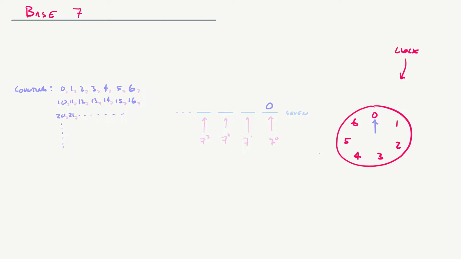So 0, right, where both hands are on 0. The next one is 0 and then 1. So 1, right, then 2, 3, 4, 5, 6. And then once we get back to here, we've already gone around 1 time, so now we're adding 1 to the 7's place, because now we're at 1, 0 base 7.